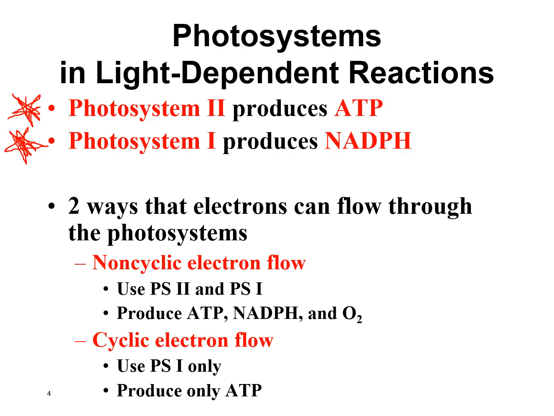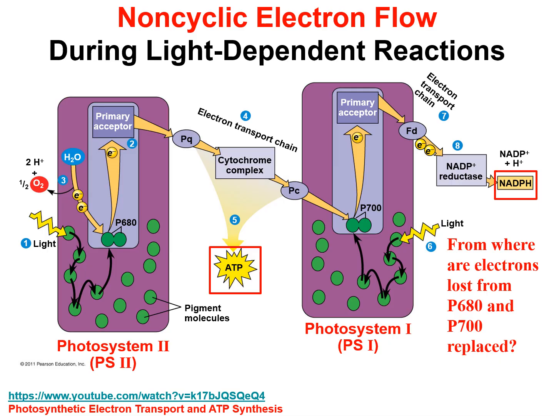We're just going to look at the non-cyclic electron flow, and you don't have to worry about cyclic electron flow at all. In non-cyclic electron flow, electrons just flow one way through the photosystems, so they're not going to circle back at all.